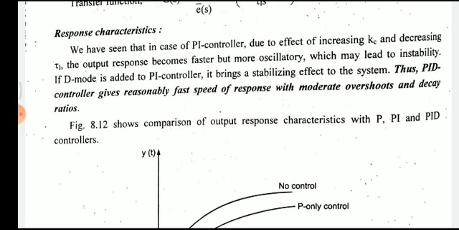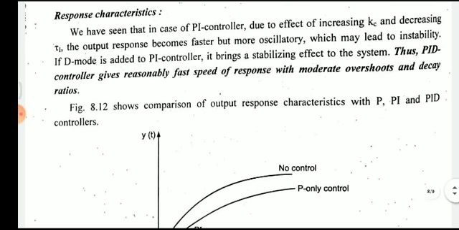If D mode is added to the PI controller, it brings a stabilizing effect on the system. So PID controller gives reasonably fast speed of response with moderate overshoots and decay ratio.